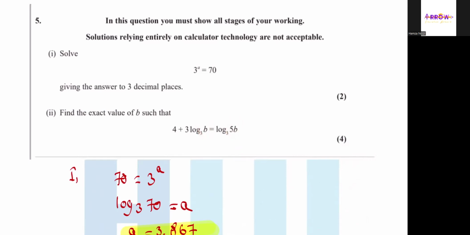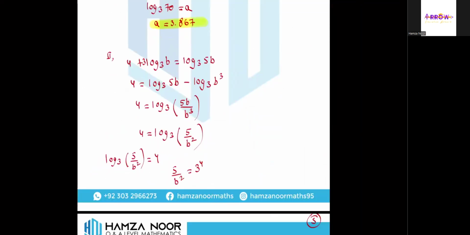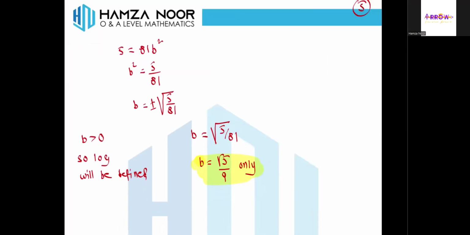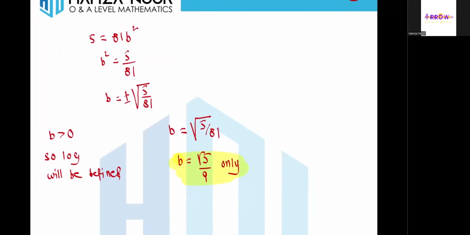In order to make it valid, b should be positive, so the log will be defined. So b is equal to the positive square root of 5 over 81 will be acceptable only, and the negative value will be rejected.